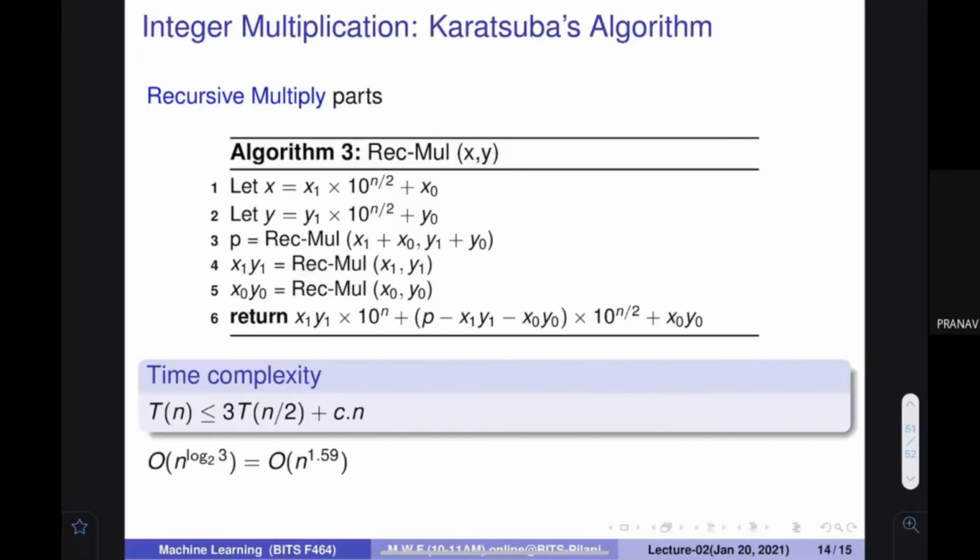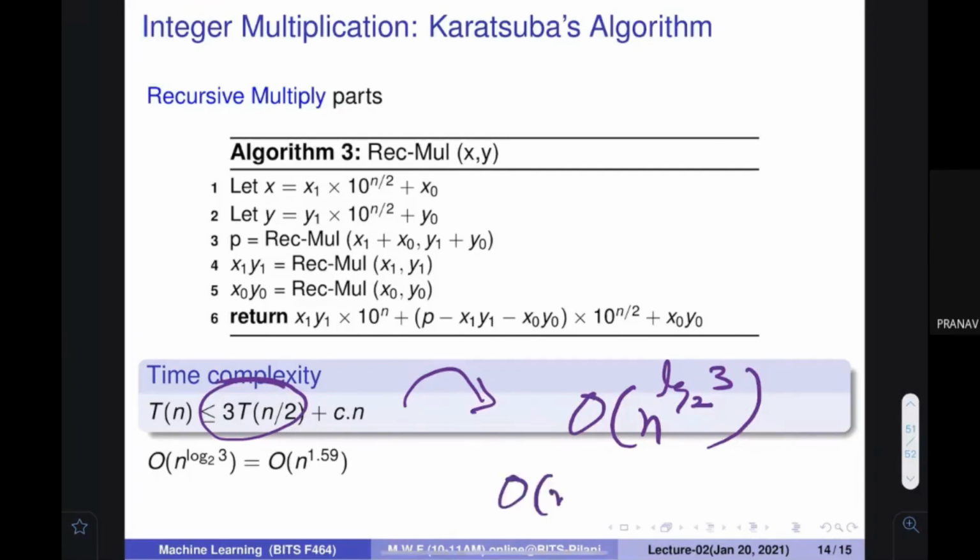What is the running time? It is going to be order of n to the power log base 2 of 3. Using the master method, this is order of n to the power 1.59. That is way better than order of n to the power 2.